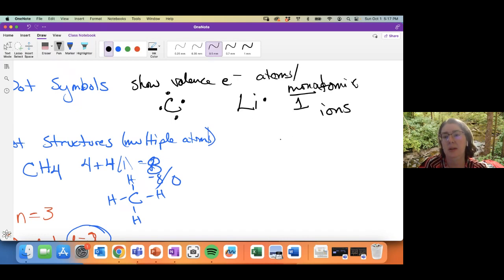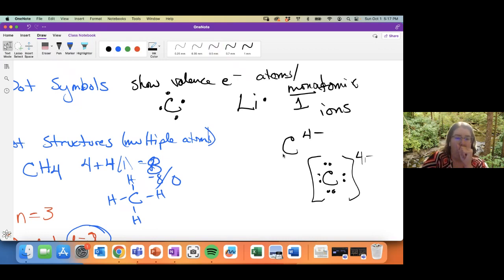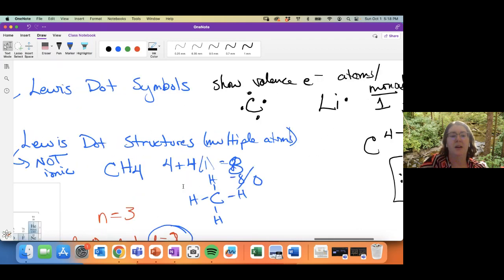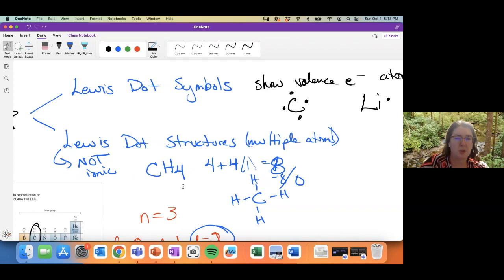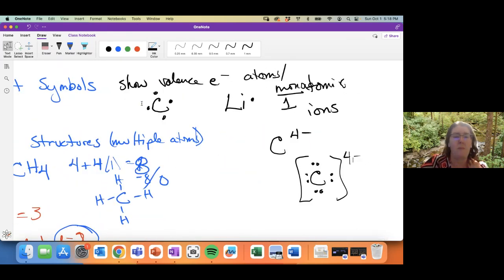Like I could do lithium plus, which is weird. I could do carbon 4 minus as a Lewis dot symbol. Basically it's got 4 valence electrons already, I add 4 more to it and I get a charge. So as far as this goes, ionic structures with Lewis dot structures, not so much. Metals with Lewis dot symbols, yeah, we can do that. That's definitely doable.